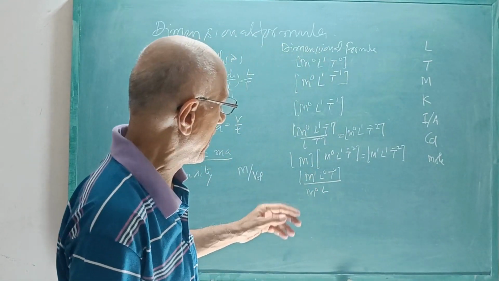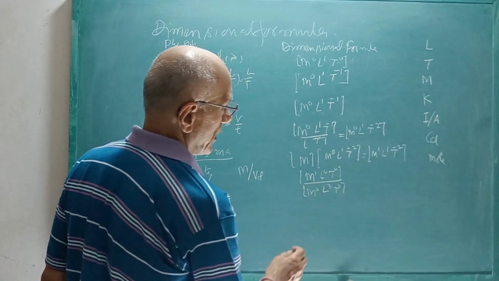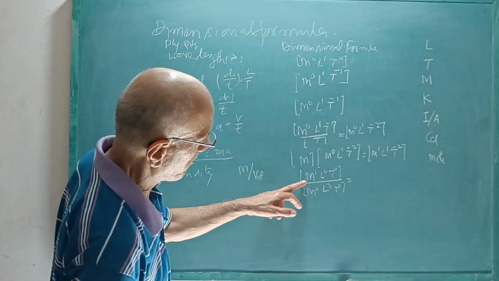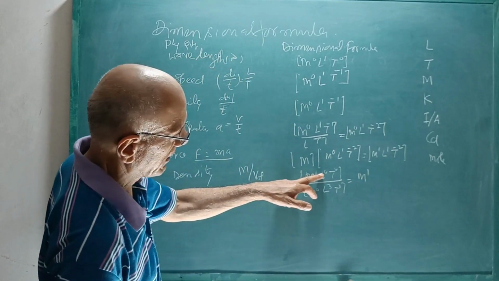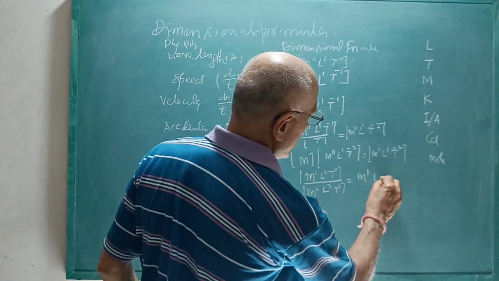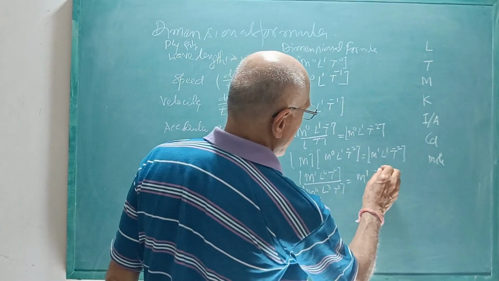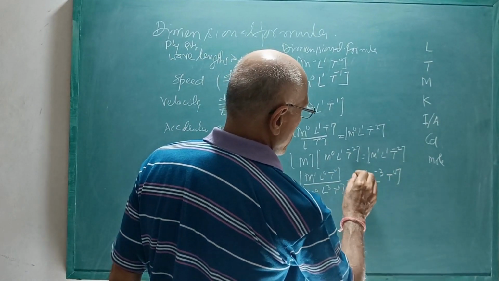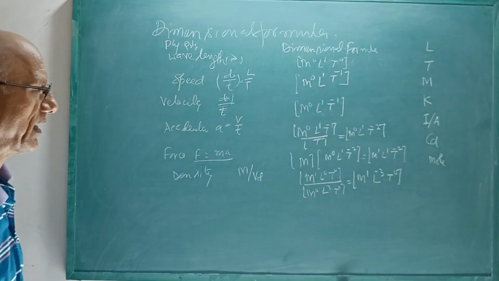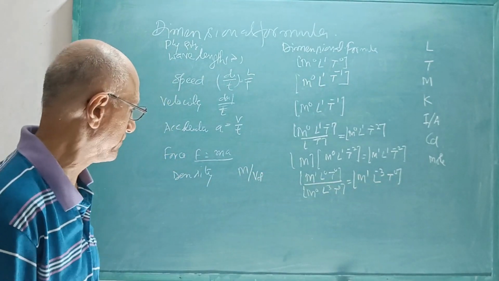So it is L to the power 3 and there is no time. Therefore the power of M is 1 minus 0, which is 1. Then the power of length is 0 minus 3, according to the law of indices, that is minus 3, and T is 0 minus 0, that remains 0. So the dimensional formula for the density is M1 L minus 3 T0.